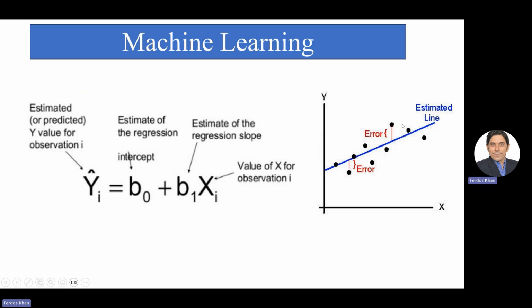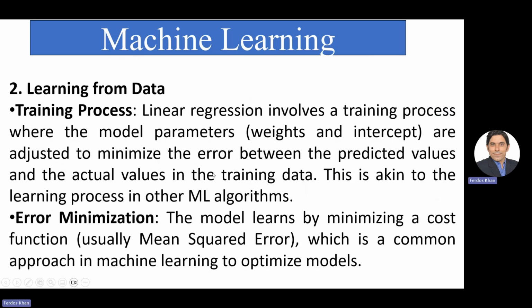We sum this error and then square it, and then we minimize it. This is the principle in machine learning as well. We are minimizing the error between predicted values and the actual values in training data. In training, we are doing like this.